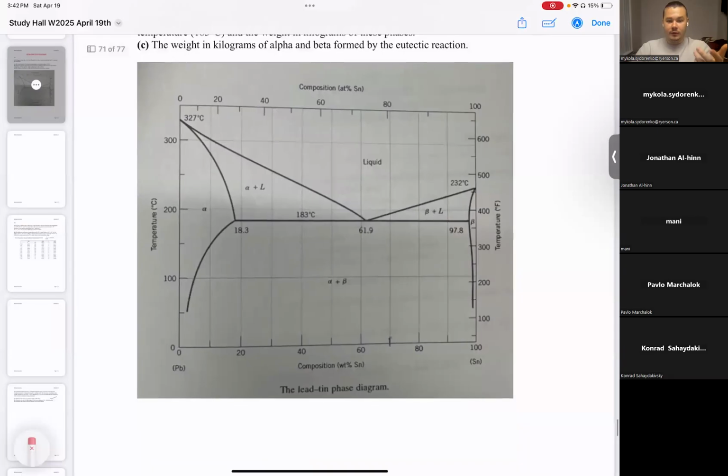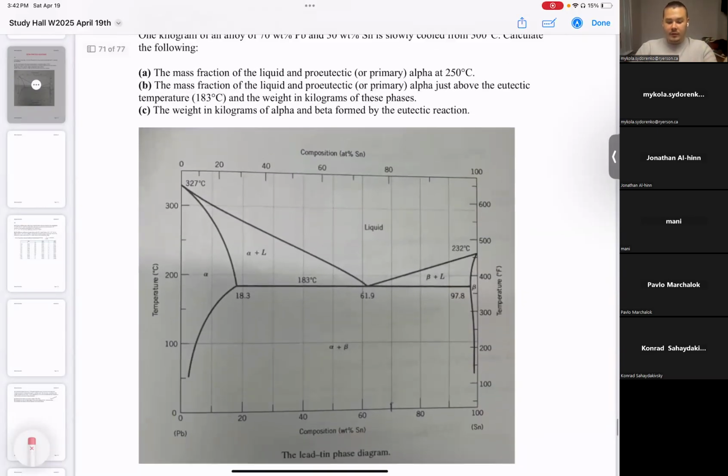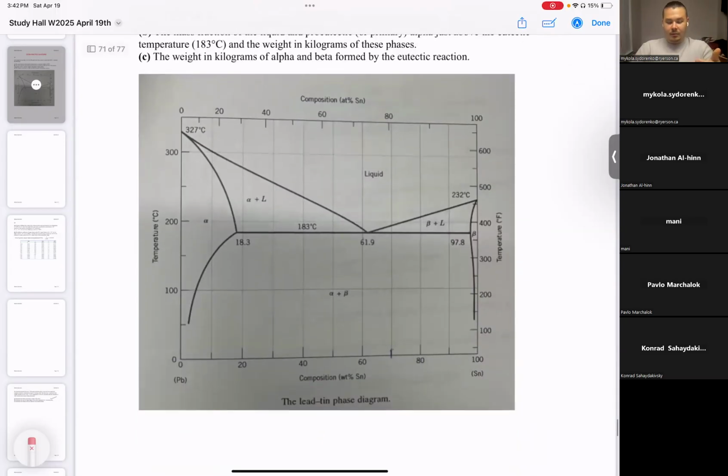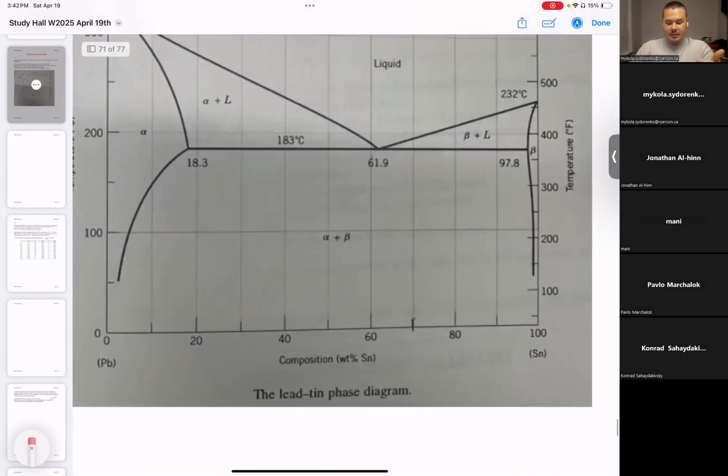The first trick that I definitely recommend you guys to be aware of is to first of all be able to orient yourself in the phase diagram. When you're given that there's 70% of lead and 30% tin, you might just look at it and say, hey, this is my 70% over here. Well, that's not true. You need to observe 70% of what? Is this figure the composition of what? In this figure, it's a composition of tin.